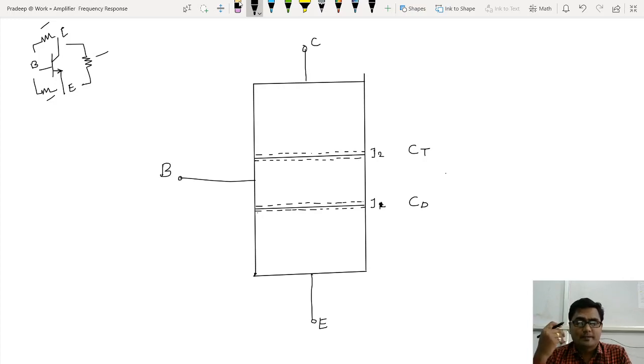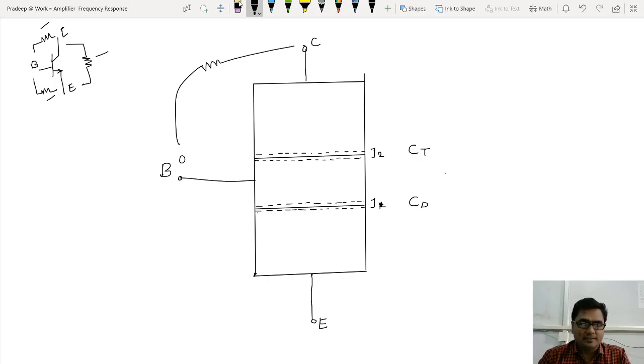Where are those? Somewhere I need to measure a resistor between base and collector. Do I need to show the resistor like this between the base and collector? No, it doesn't make any sense. Why? Because it is the outer resistance, the resistance present between the base terminal and the collector terminal. So those are terminals.